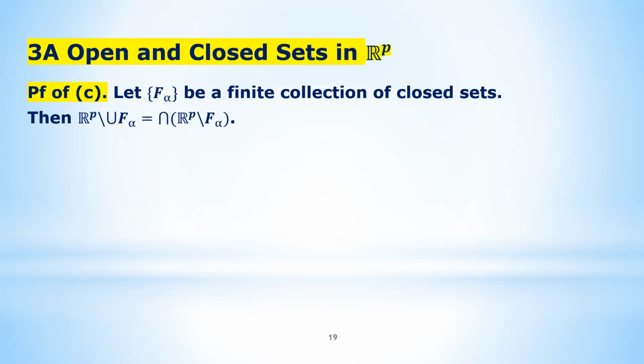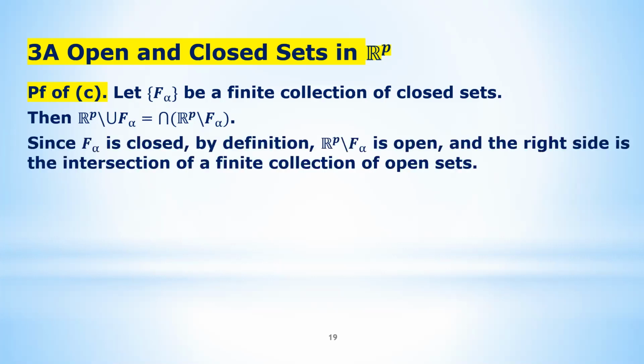Using a similar identity, the complement of the union equals the intersection of the complements. That is similar to the first one. Now we can argue in the same way.